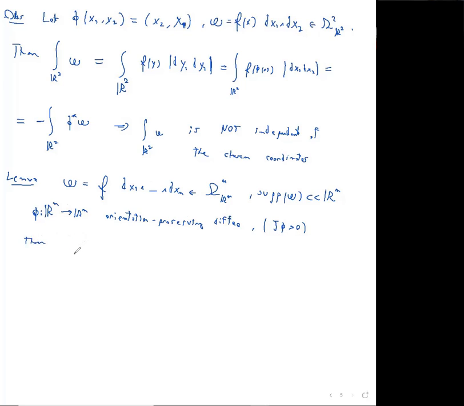Then this is actually true. This holds. So in fact, we're independent of coordinates.